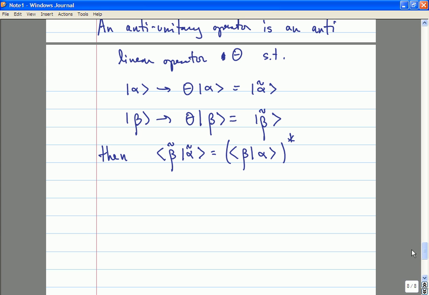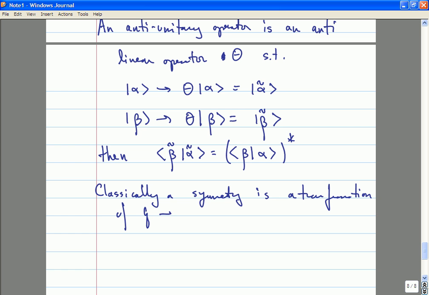So classically, a symmetry of a system is a transformation of the variables of the system. If you have some dynamical variables q, which transform into some other dynamical variables, capital Q, then that is a symmetry if this transformation leaves the equations of motion unchanged.